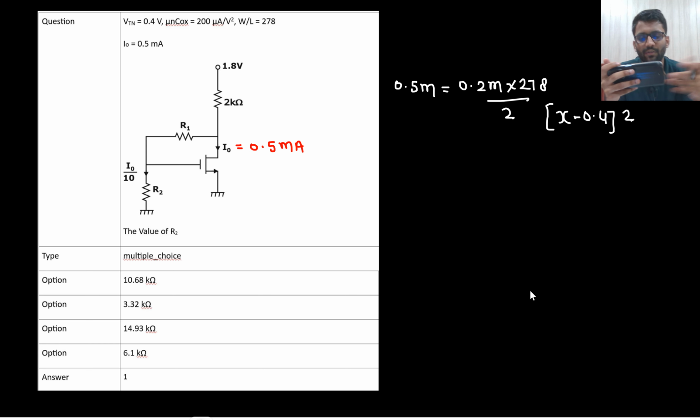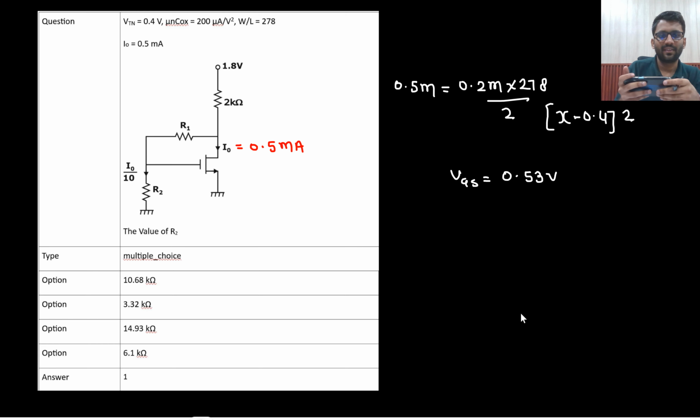So 0.53. We are getting VGS equal to 0.53 volt. I hope I did the calculation correctly. 5 by 278 under root plus 0.4.